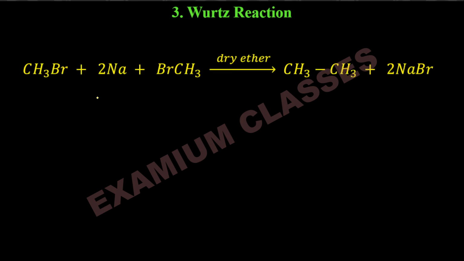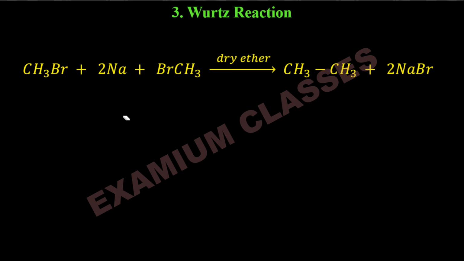Here what we are doing, we are taking two molecules, okay, of same alkyl halide. So if we are using methyl bromide, both of these are same. Okay, obviously this is a way to write it so that you can understand it in a better way. Otherwise you can write 2CH3Br plus 2Na, and this is what you will be writing, okay, normally.